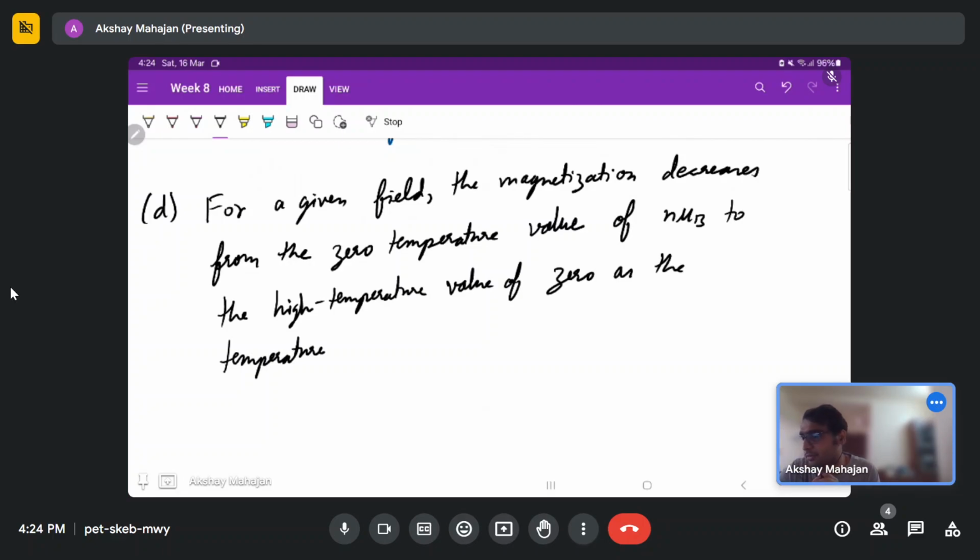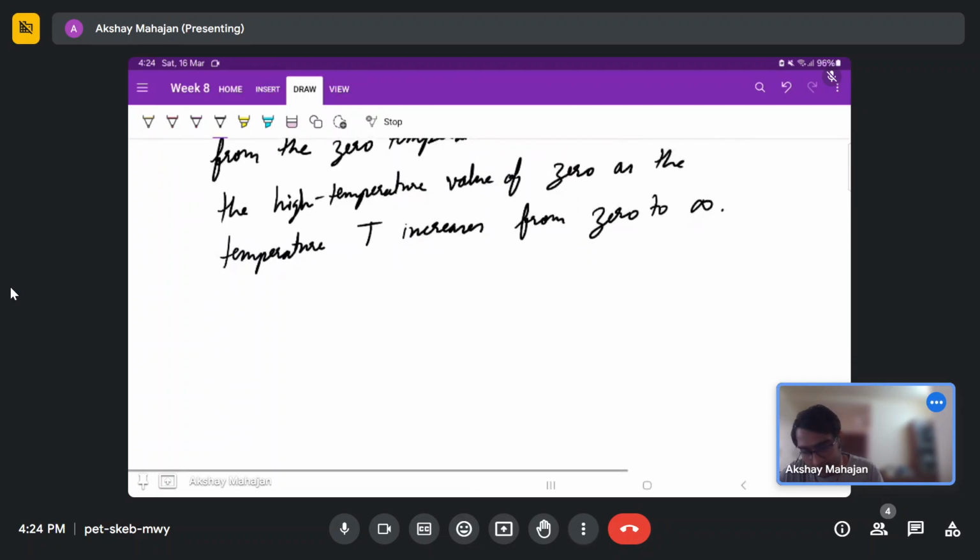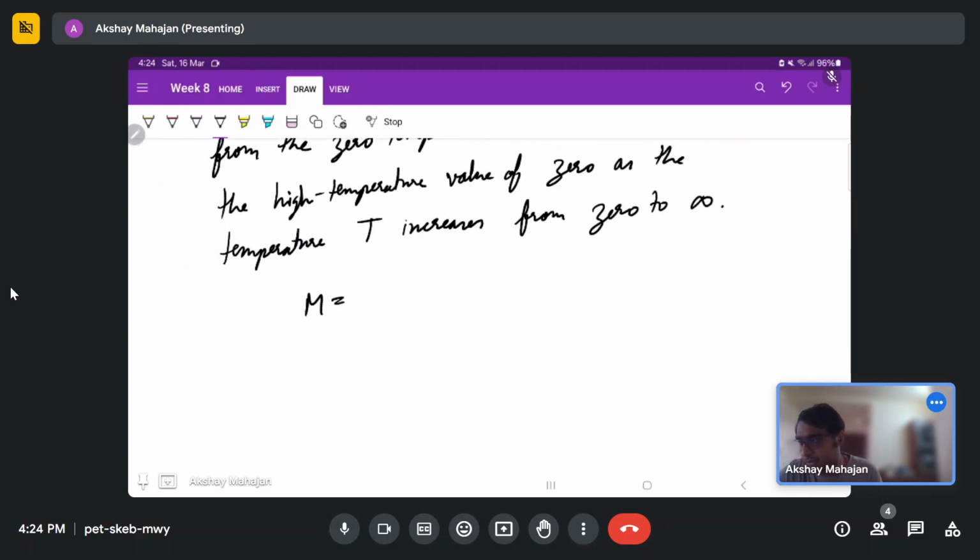as the temperature T increases from zero to infinity. So now we can see this numerically.